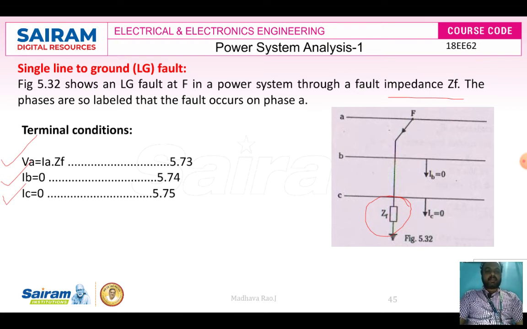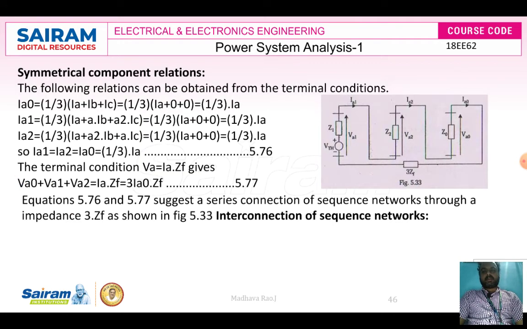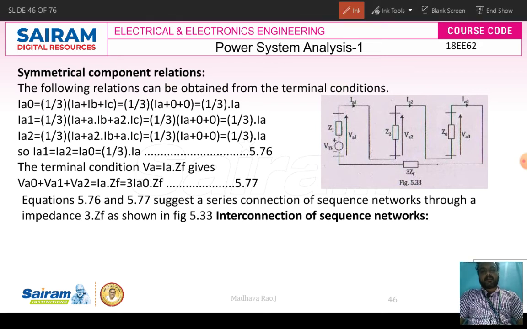Similarly, now we can analyze the symmetrical component currents IA0, IA1, IA2. So already we have seen symmetrical component currents in terms of phase component currents. So IA0 is equal to 1 by 3 into (IA plus IB plus IC). Already we have seen IB and IC are equal to 0. So by substituting IB and IC equal to 0, we get IA0 is equal to 1 by 3 into IA.